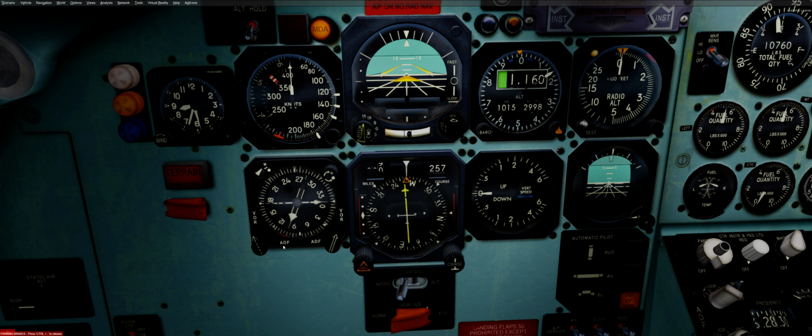We can use automatic direction finder ADF here also, which is a bit different to VOR, and if we had one of those tuned to pick that up, we'd just flick this switch around here, and then that needle would point to the ADF, or sorry, the NDB station that we've got tuned, but we'll leave that today. So there we go.